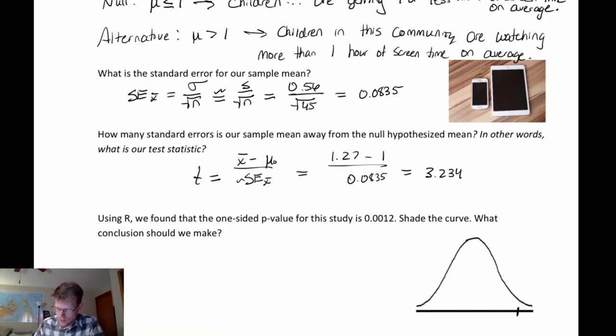If this is our t-distribution, actually, I'm going to do the t-values below it. I'm going to say this is our distribution of possible x bars. This is 1.